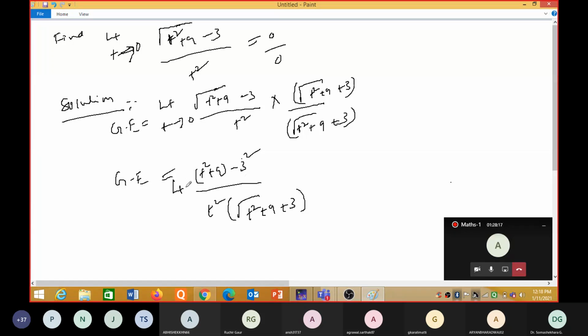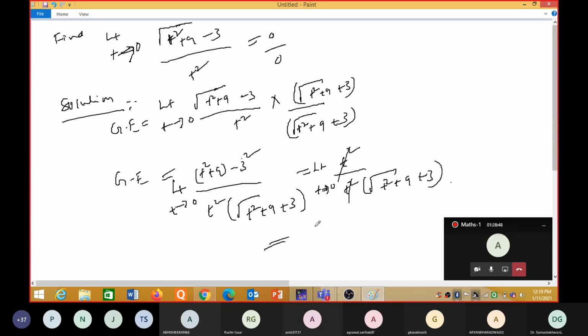You write the limit t tends to 0. Here 9 minus 9 gets cancelled. In the numerator it is t square and the denominator t square gets cancelled. It is root of t square plus 9 plus 3. Here you should write limit t tends to 0. When t tends to 0, what happens?